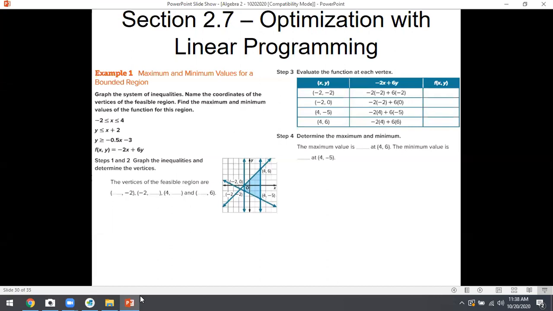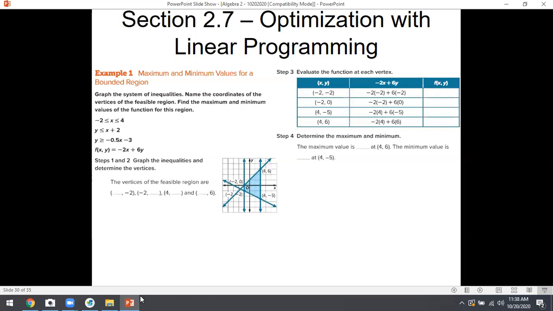So at this point, I'm getting out -8. And we just keep going around doing this for all the points. Let's go down to the bottom right, 4, -5. When you plug in 4 for x and -5 for y, we get out -2 times 4 plus 6 times -5, which turns out to be -38 when you do it all.